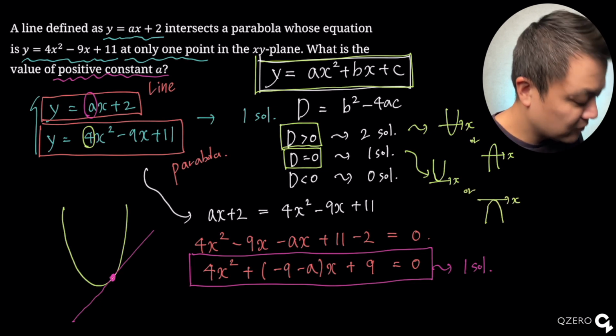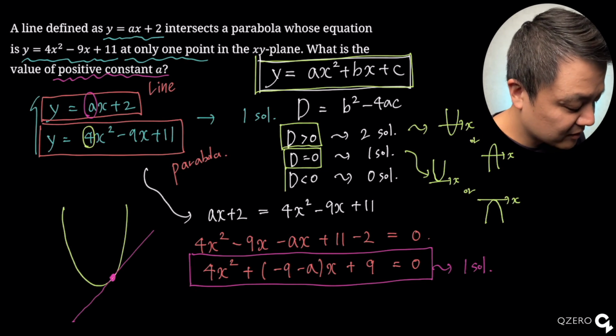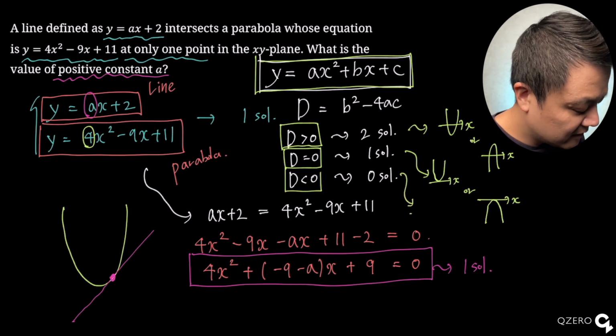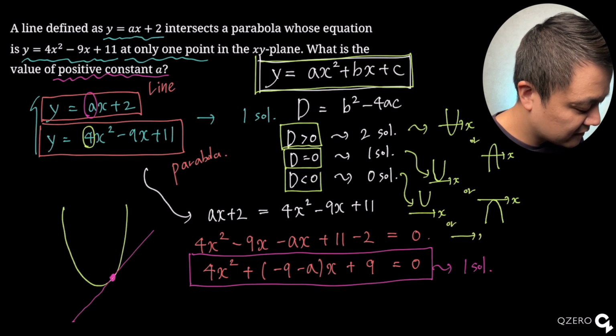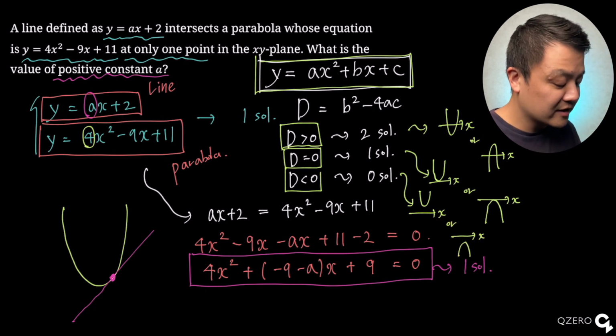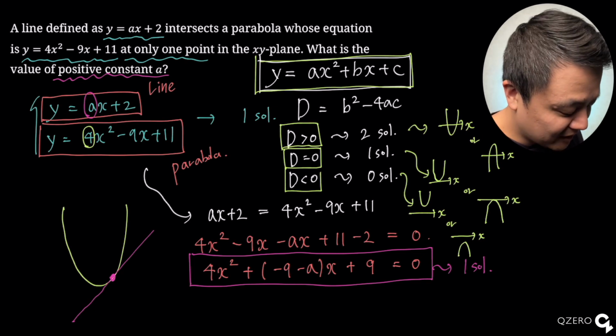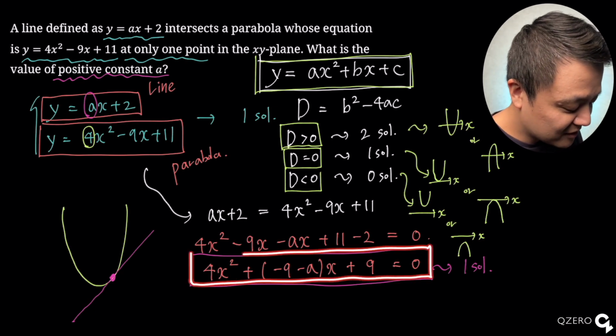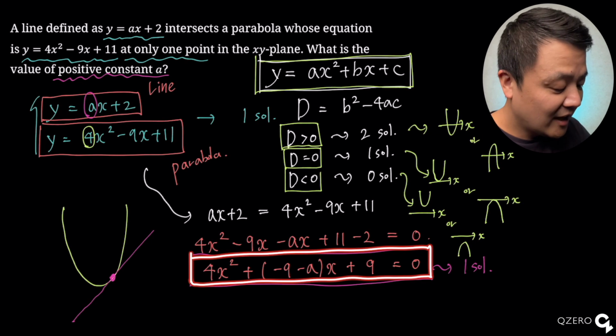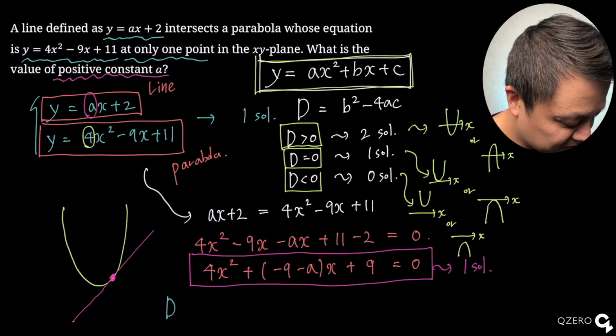That means we're having only one x-intercept. If D is negative, then we're having no x-intercepts. So it's either this or this, depending on the sign of a. Since we already know that this equation is supposed to have only one solution, our D value has to be equal to 0. So let's find the value of D.